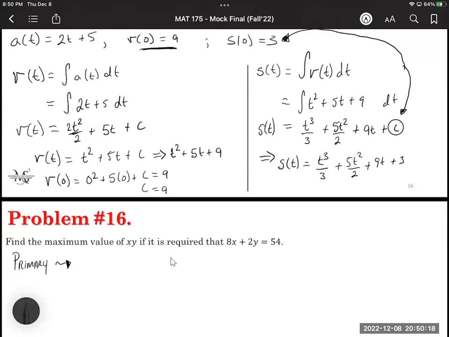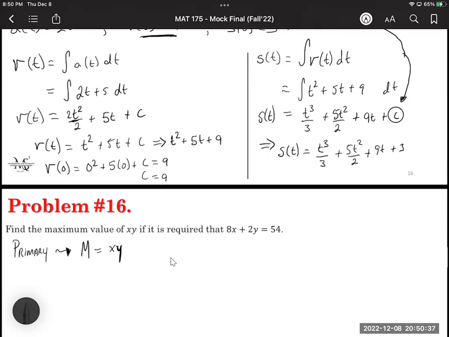So the way that I'm going to write this equation, I just can't say xy because it's an expression. I need an equal sign. So I'm going to say that m is equal to xy. I know that when I find x and y eventually and multiply them, it gives me our max value, m. So therefore, our constraint is going to be 8x plus 2y is equal to 54.